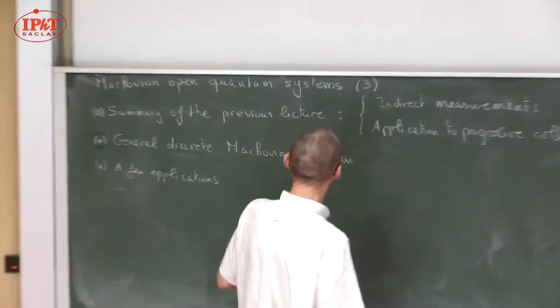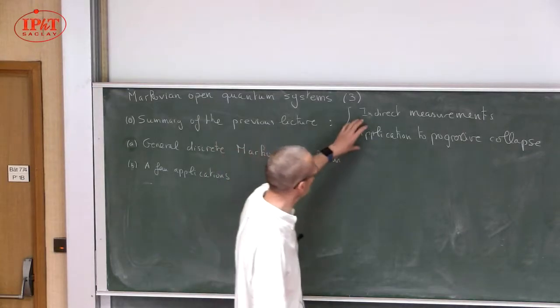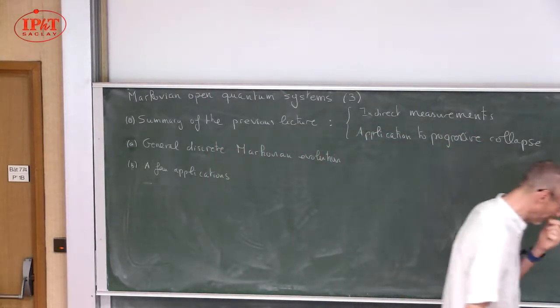Our starting point today will be indirect measurements, so I will come back to it in a moment. I would just like to say a few words about applications to progressive collapse.